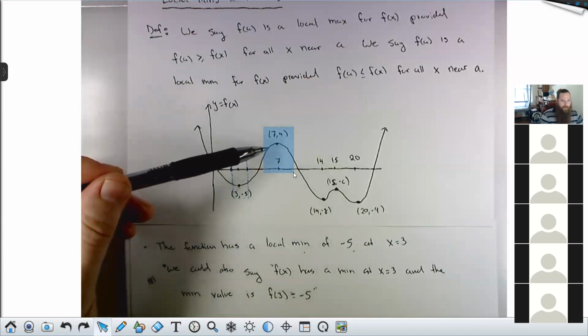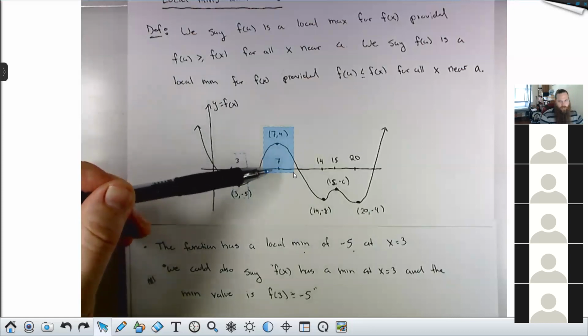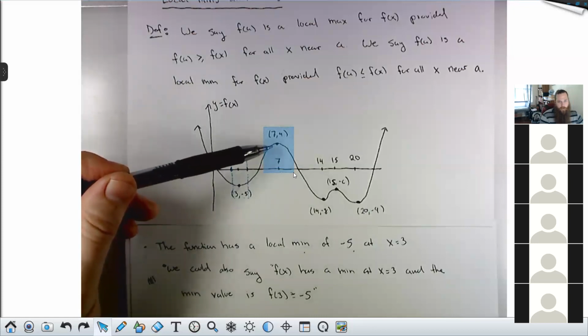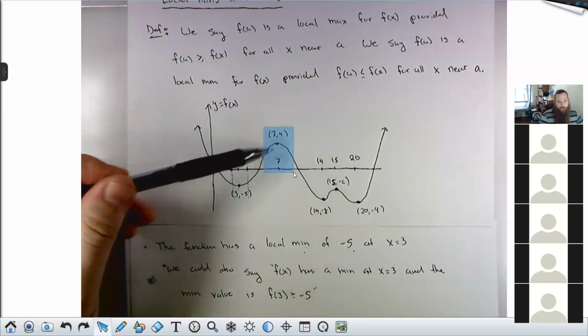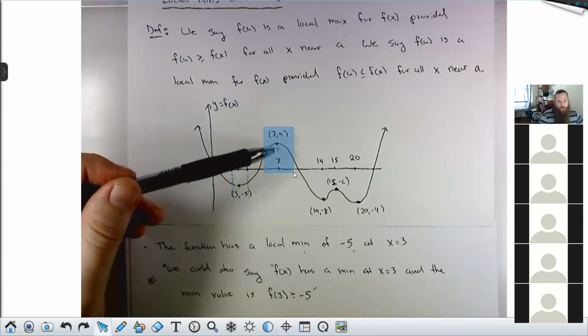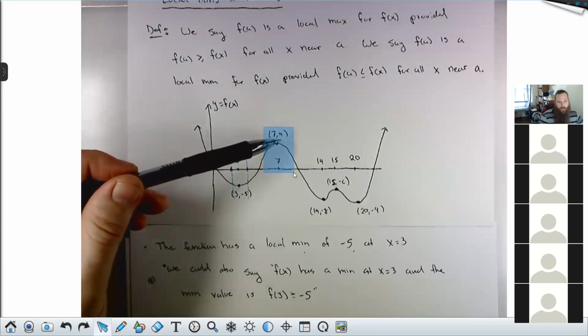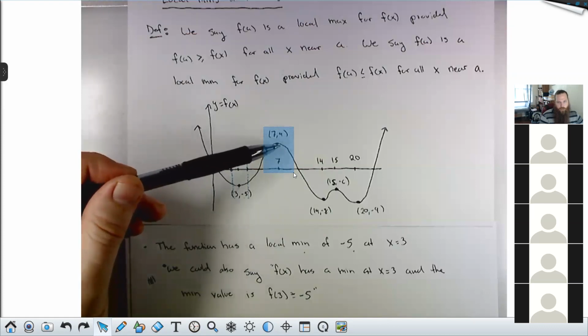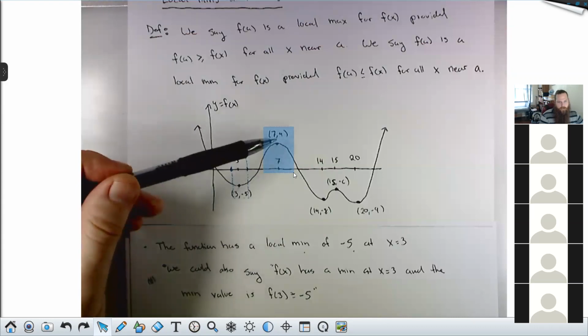If I look nearby, the y values are smaller. F of 6.9 is smaller than f of 7, right? This is the tallest point anywhere on that graph within this window, so this point is a local max. F of 7, which is 4, is bigger than f of 6.9, bigger than f of 7.1, bigger than any of the outputs near x equals 7.